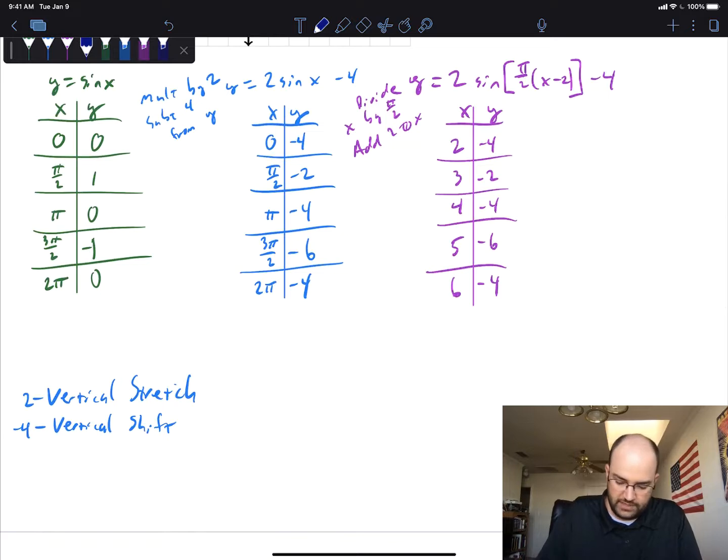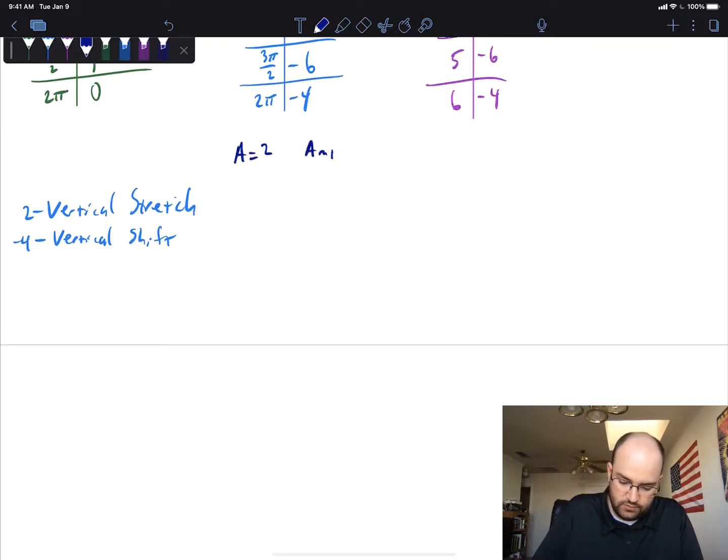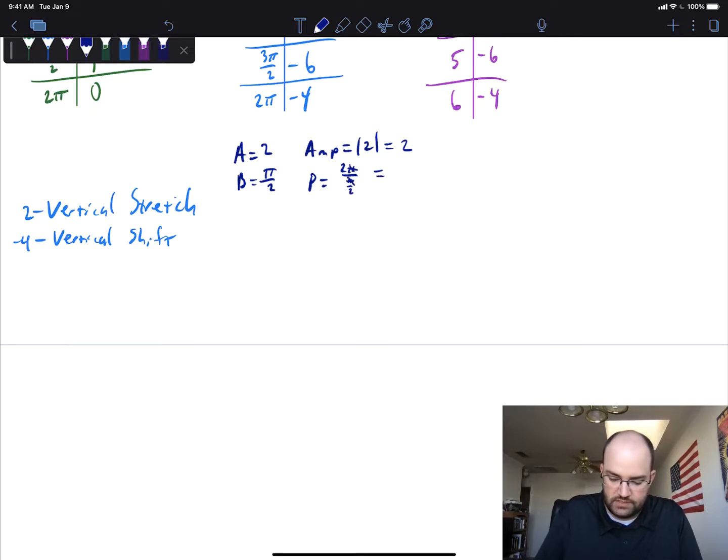And this allows me to just go ahead and put these down. Now I'm going to go ahead and write down A is 2, which means that we have an amplitude of absolute value of 2, which is 2. B is pi over 2, which tells me that the period is 2 pi over pi over 2. Now notice that those pi's cancel each other, and that 2 goes in the numerator, making that 4.